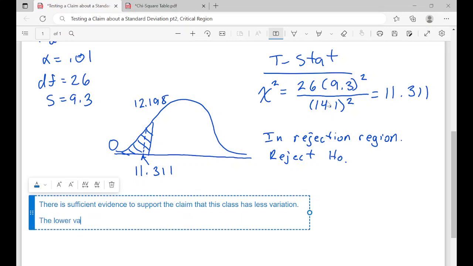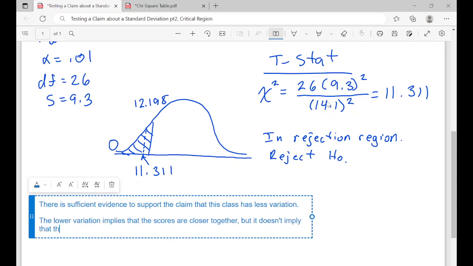the lower variation implies that the scores are closer together, but it doesn't imply that the scores are better.